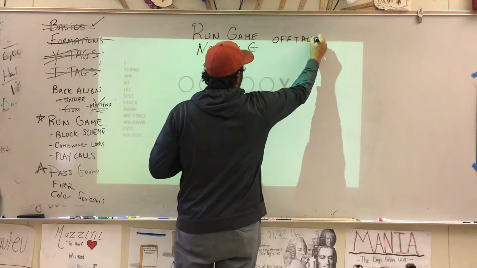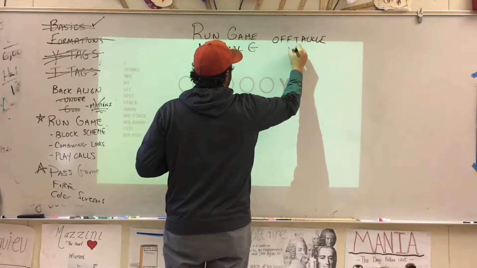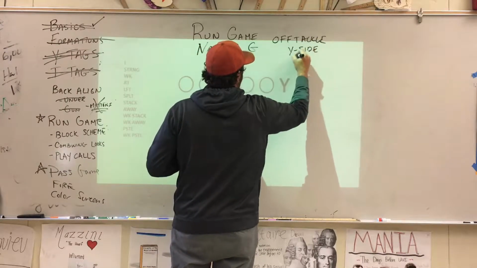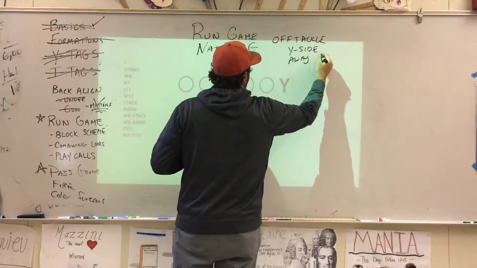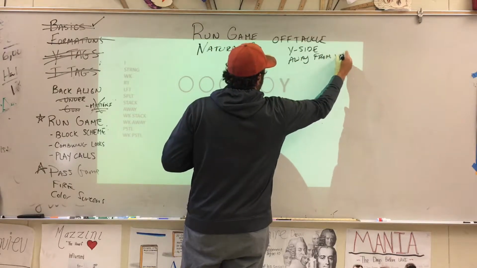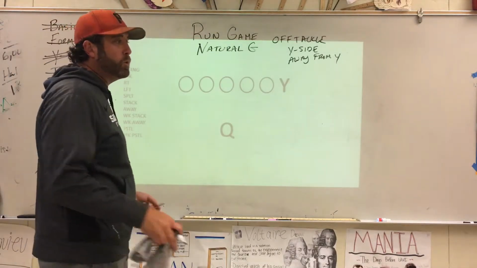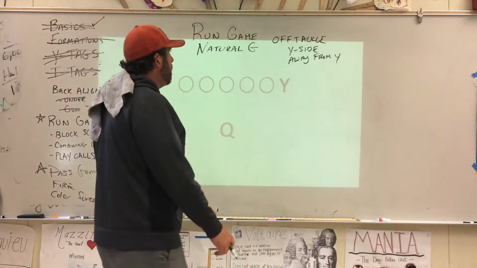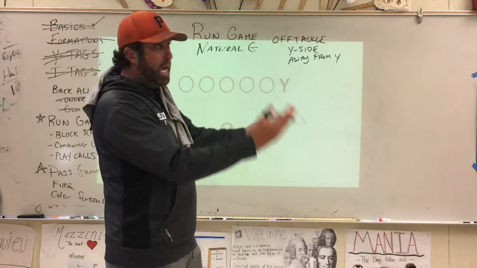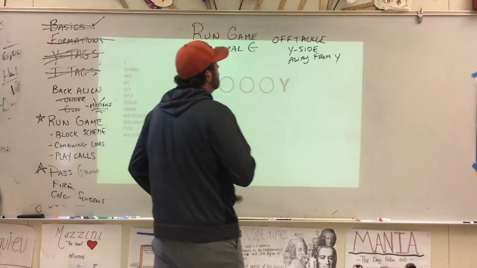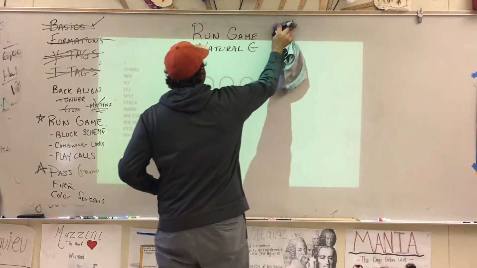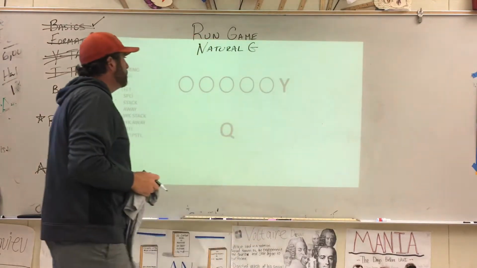It can be run to the tight end side, Y side, and away from the Y. But there are some general rules that the linemen have to live by, and that the fullback has to live by when we're blocking natural. So let's take a look at natural G and what it looks like.